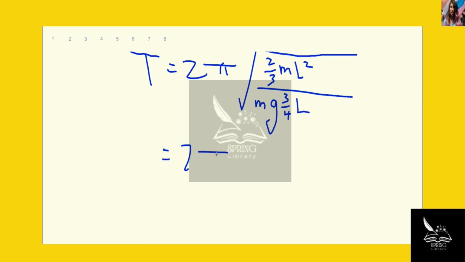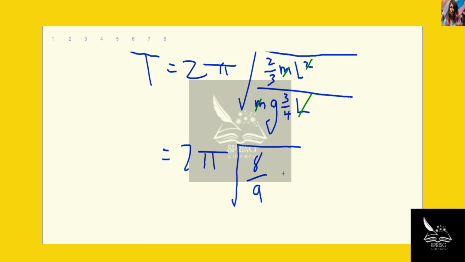So we have 2 pi, our m cancels here, one of these L's cancels, and if I can divide whole numbers correctly, then we have, let's see, 8/9.